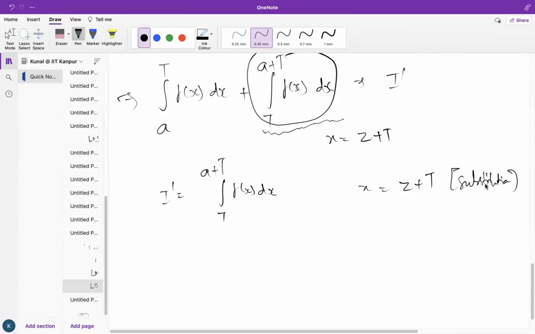Now, let's see the limit variation in I dash according to z.